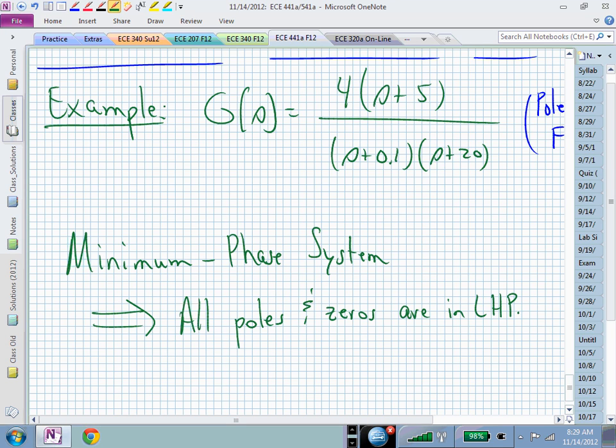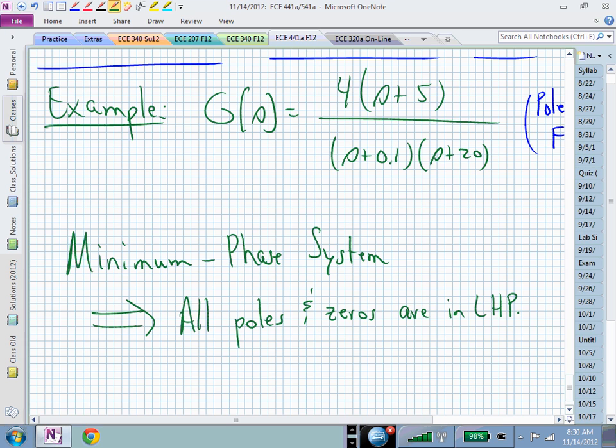If you have a non-minimum phase system, you need both plots in order to figure out what your system is. But if you're told that you have a minimum phase system, then all you need is either the magnitude plot or the phase plot. You can get one from the other if you know where those poles and zeros live. And in a minimum phase system, they're all in the left half plane.